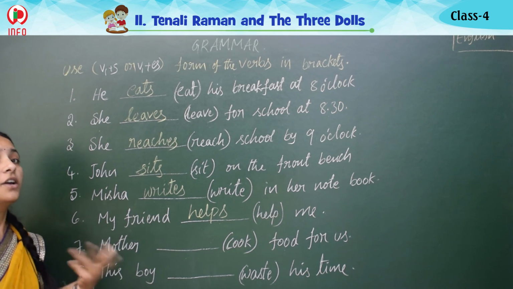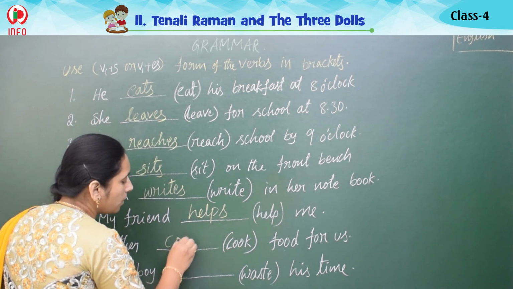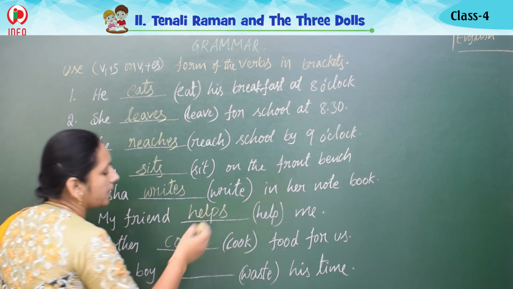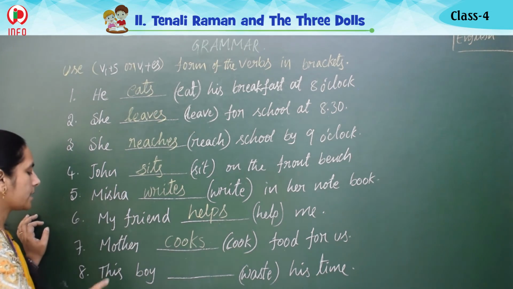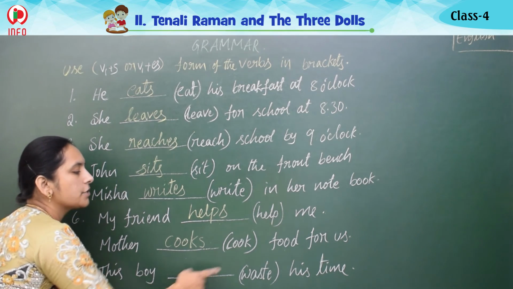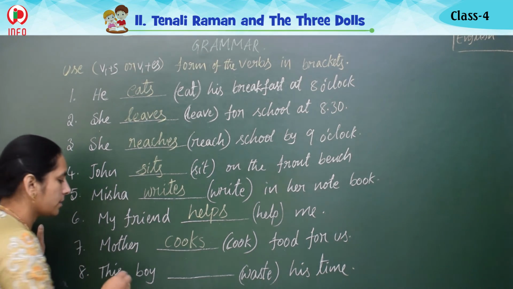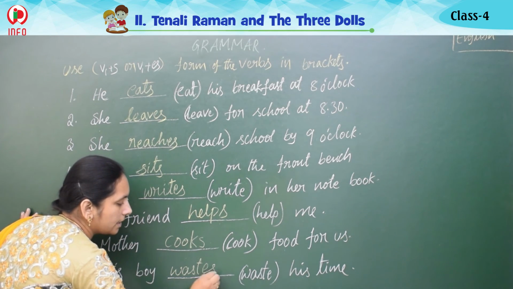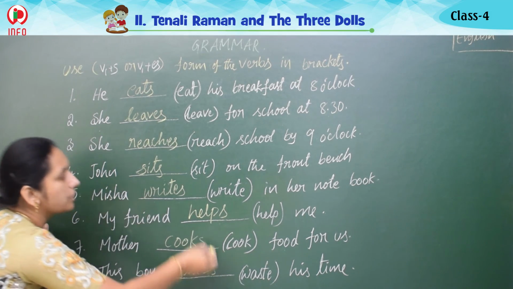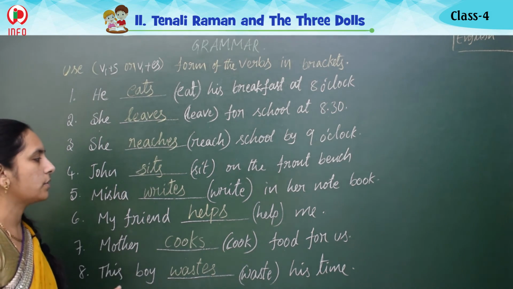Mother cooks, C-O-O-K-S. Not ES here, S only. Cooks food for us. Next one, this boy dash waste his time. So this boy wastes, W-A-S-T-E-S. Already E is there, so we should add just S only, not ES.